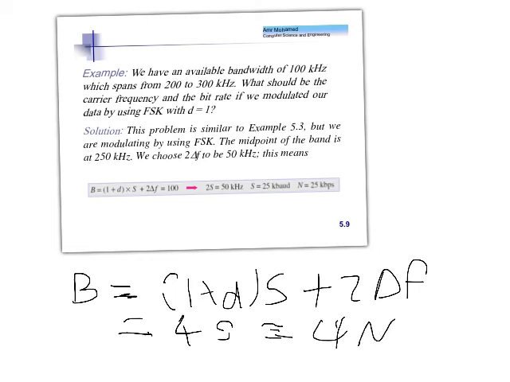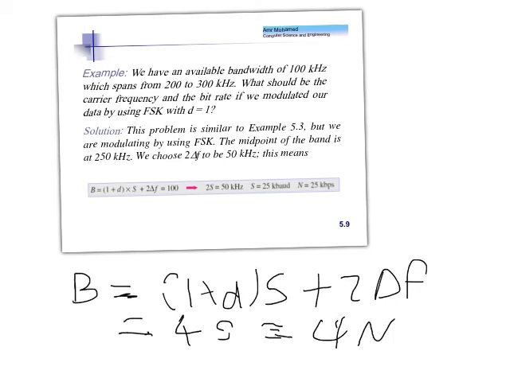So if the bandwidth is 100 kilohertz, this means that the data rate is 25 kilobits per second, which is half of what I can send using ASK. So the cost here is that I have to send slower data rates. This is the cost in order to increase the reception quality.